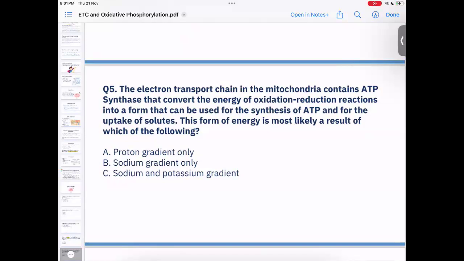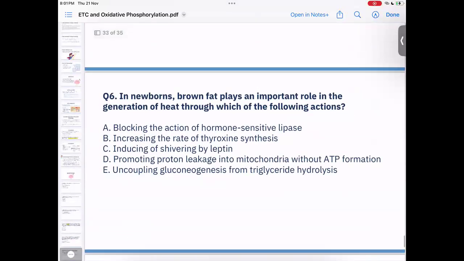Okay, which one is it? This is an easy question, relatively. Yes, it's A. Perfect. But for question 6, what's the answer?